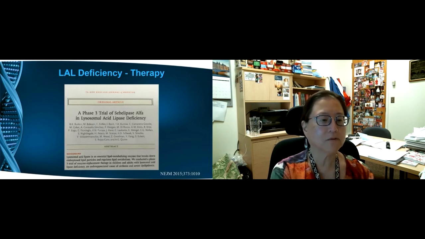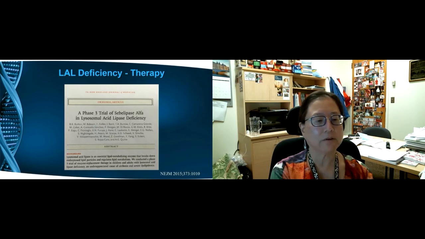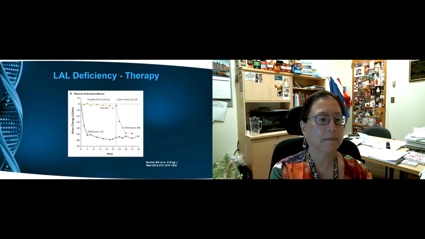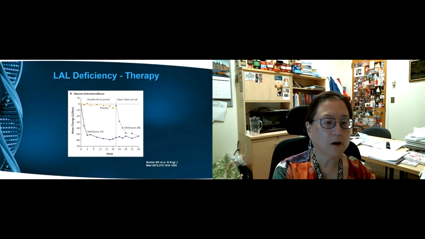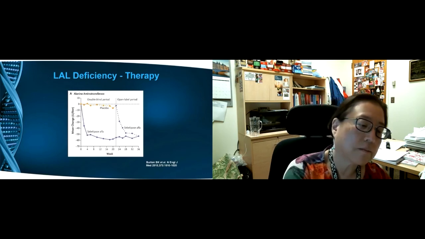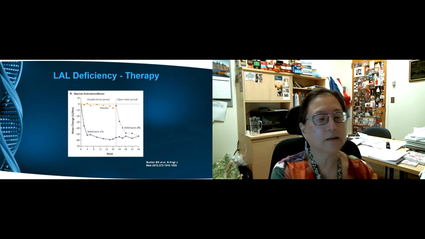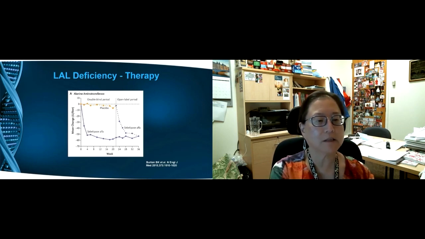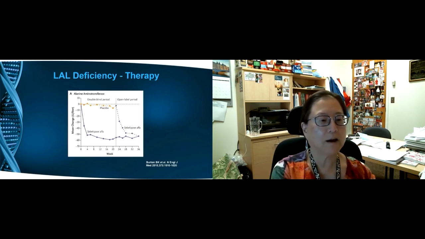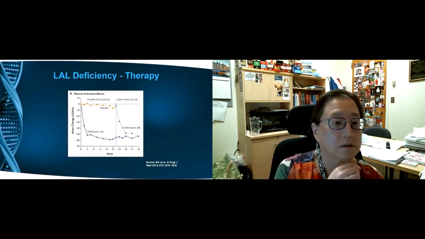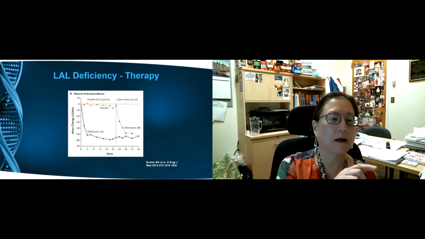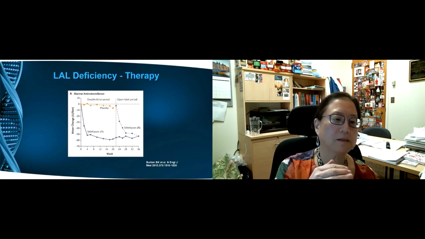So in 2015, there was a report published in the New England Journal of Medicine about a phase 3 trial of sebelipase alfa, which is enzyme replacement therapy for this disease. Next slide. And you can see on this slide the mean change in the alanine aminotransferase, or the ALT. In the first part of the graph, the yellow circles, or the top line, was a placebo group who did not receive treatment with sebelipase alfa.